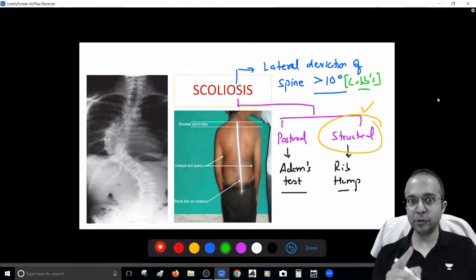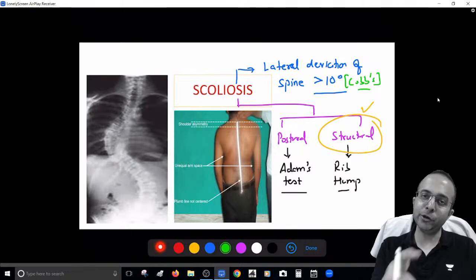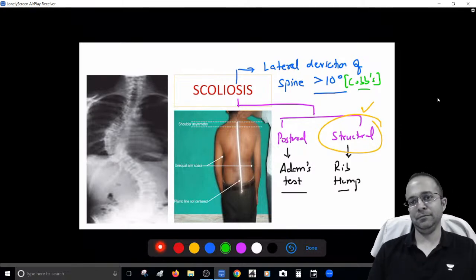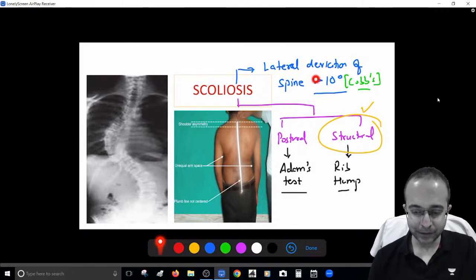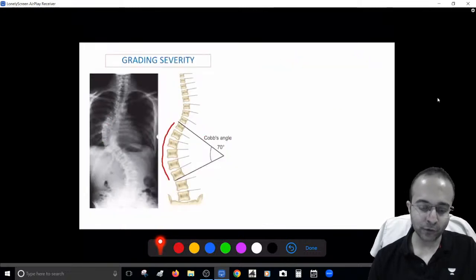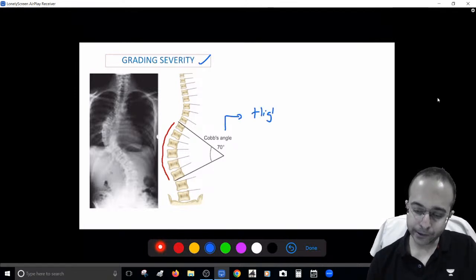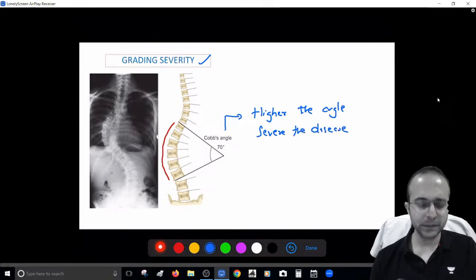Only when you find the Cobb's angle to be more than 10 degrees can you put the tag of scoliosis. Clear with that? That lateral deviation I'm talking about is this Cobb's angle. So it's Cobb's angle that tells you about the severity. The higher the angle, the more severe the disease. This is the simple formula followed for scoliosis.